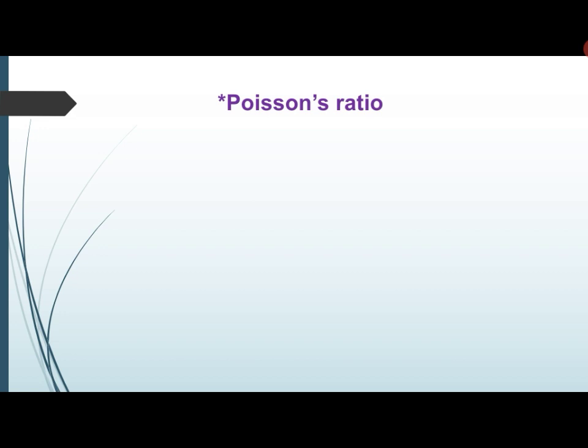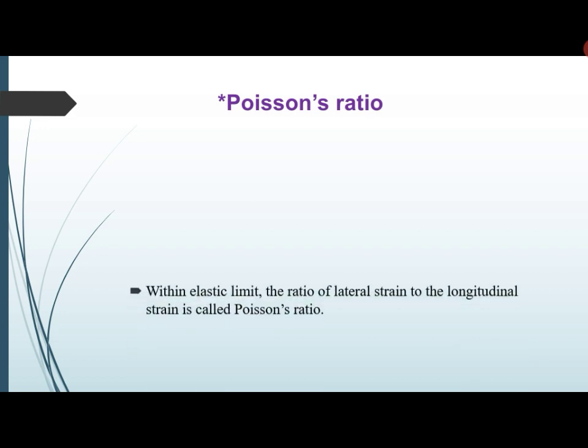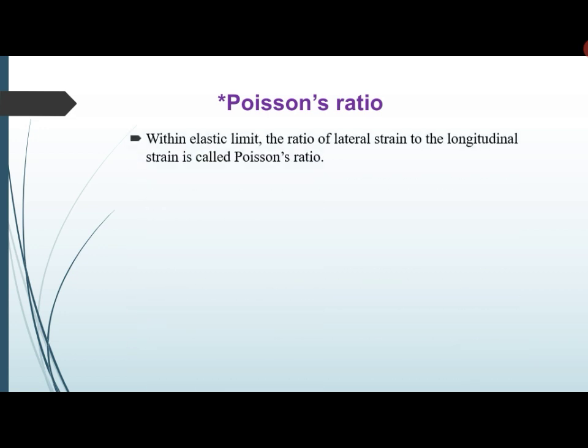Now our next topic is the Poisson's ratio. What is this Poisson's ratio? Within elastic limit, the ratio of lateral strain to the longitudinal strain is called the Poisson's ratio. Now what is this lateral strain?